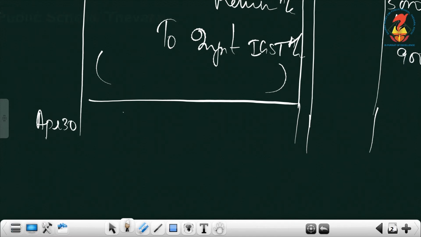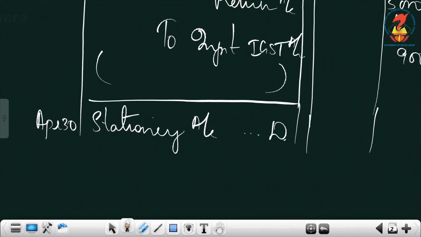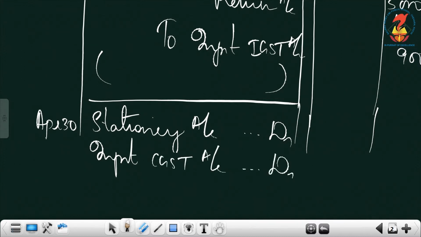It is purchase stationery. So the entry will be stationery account debtor to cash account. We have to include GST also, and since it is purchase, we have to write input CGST and input SGST.